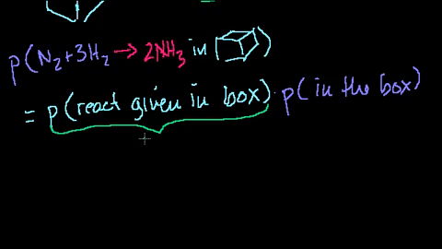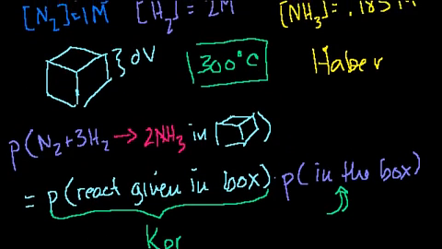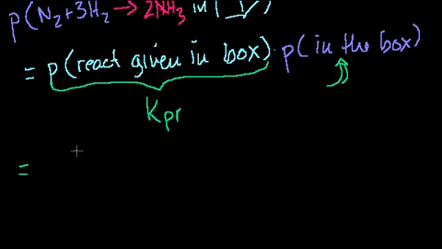So I'll just call this the constant. I'll just make up a constant probability, whatever it is, in the box. I could write anything there. So what we should be concerned with is what is the probability that we have those 4 molecules, right? 3 molecules of hydrogen and one molecule of nitrogen in the box. So this is equal to some constant.